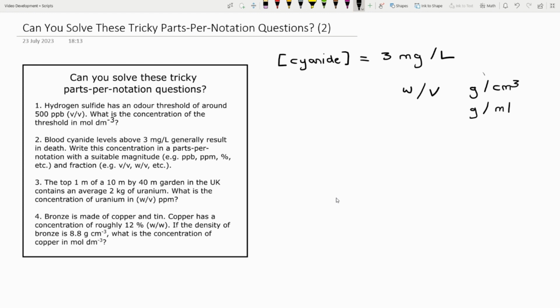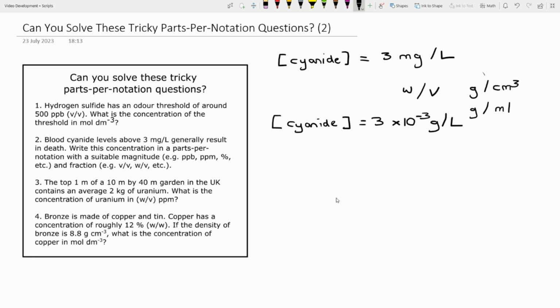There's a 1,000 times difference between a milligram and a gram, so our number, the 3 here, is going to decrease by 1,000 times. And 1,000 is equal to 1 times 10 to the minus 3. So the concentration of cyanide is equal to 3 times 10 to the minus 3 grams per litre.